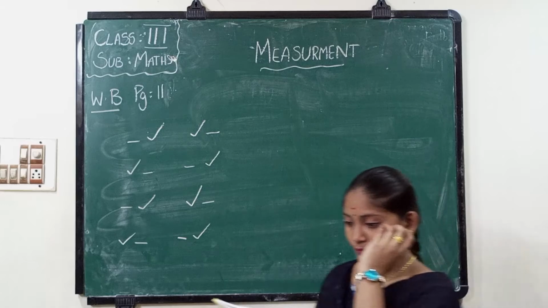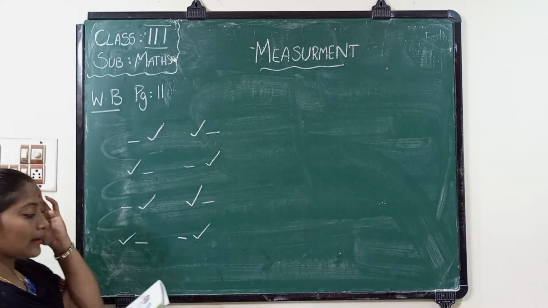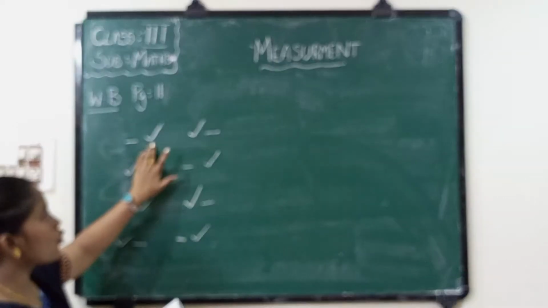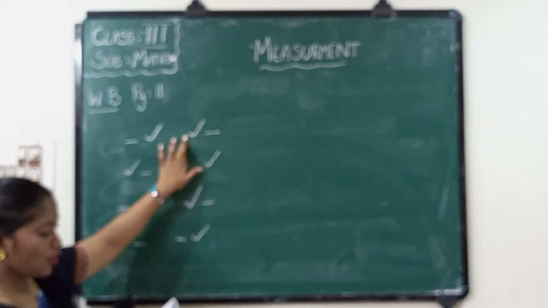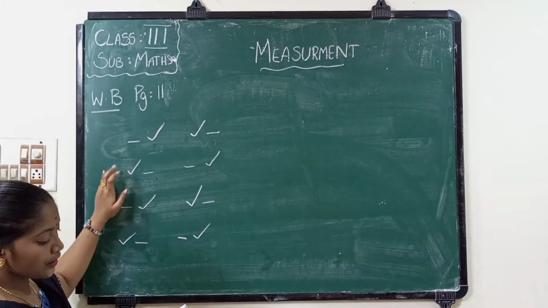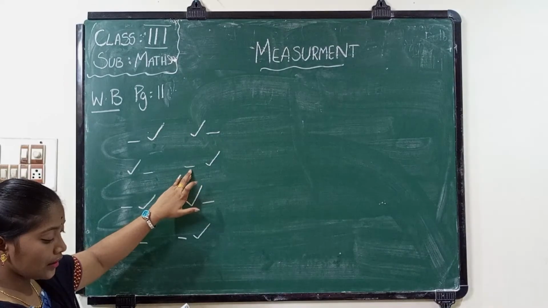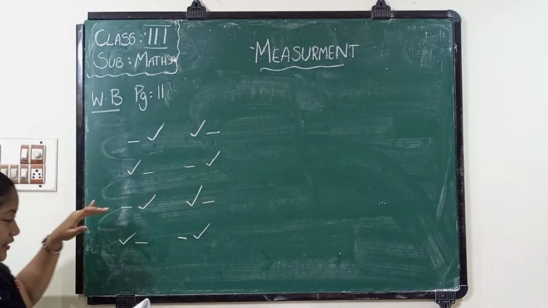Next, all of you, here I am explaining this same again. Cup or a vessel. Vessel holds more. Bucket or bottle. Bucket holds more. Syrup bottle or a syrup cup. Syrup bottle holds more. Drink glass or a drink bottle. Drink bottle holds more. Next one.